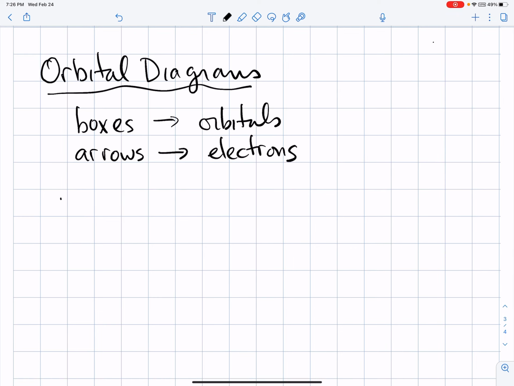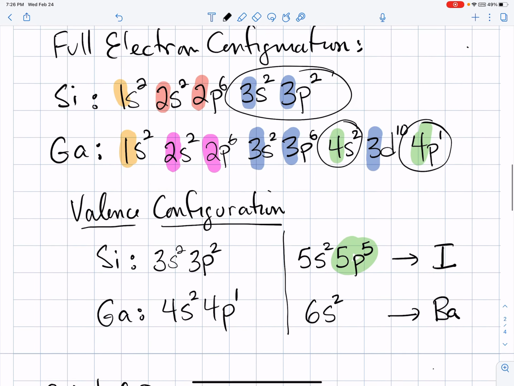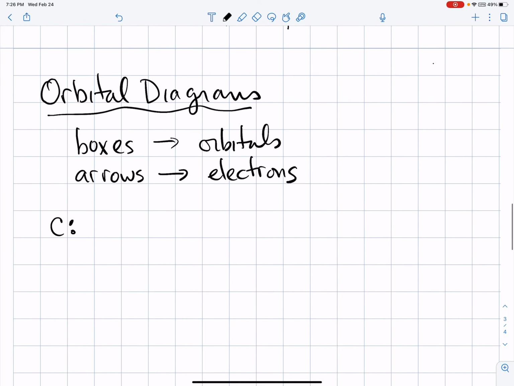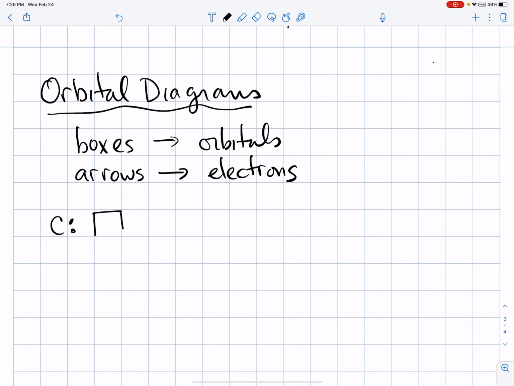I'm going to take carbon as the first element that we'll look at, just randomly picked that. Think about what carbon's electron configuration is. 1s2, 2s2, and 2p2. So for carbon, we're going to need one box, and we'll write 1s above that.